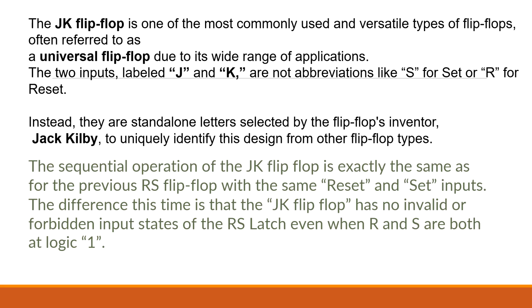The sequential operation of the JK flip-flop is exactly the same as the previous RS flip-flop with the same reset and set inputs. The difference this time is that the JK flip-flop has no invalid or forbidden input state of the RS, even when R and S are both logic 1.